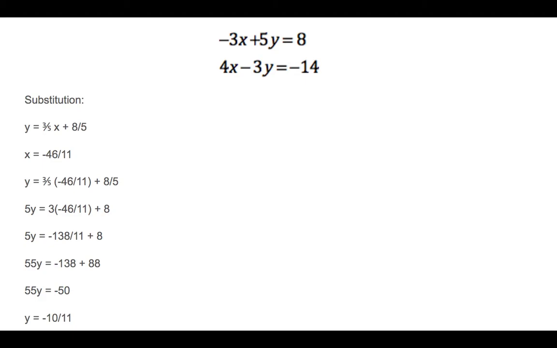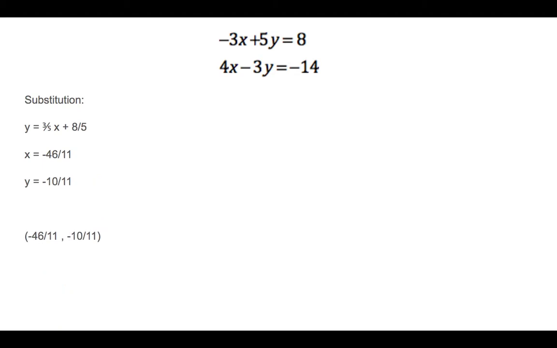Again, the denominators were freaking me out, so I multiplied everything by 5. Then I took care of that 3 times negative 46/11. Then I multiplied everything by 11 because that 11 was bugging me. And I got that y was negative 10/11. So that's my final answer, a coordinate of x comma y.